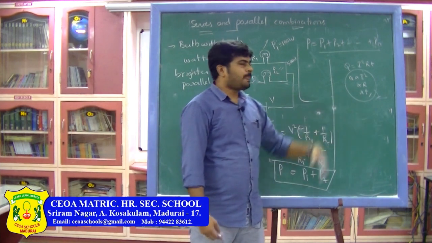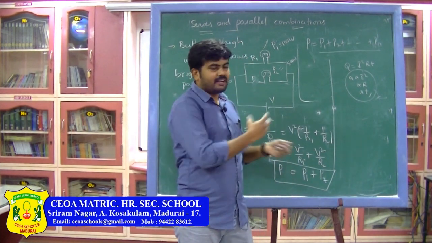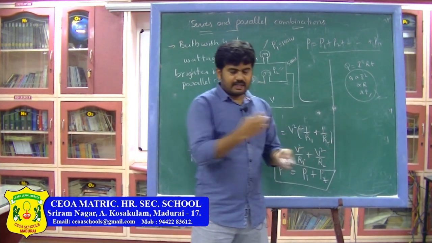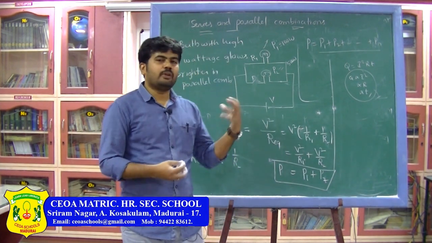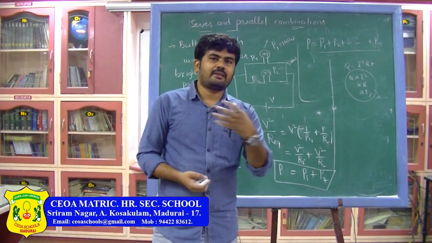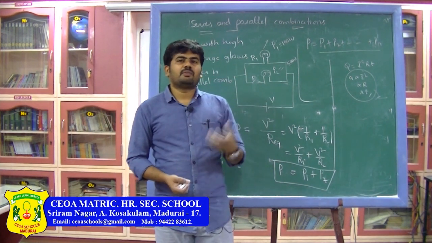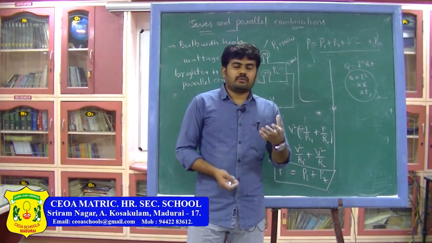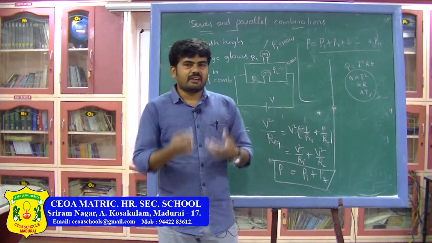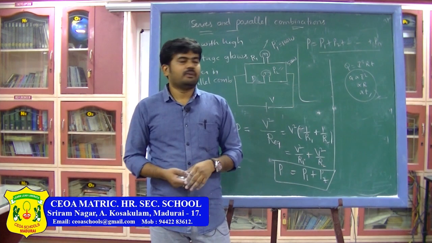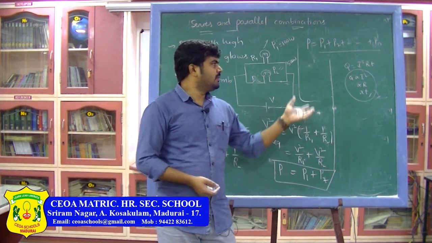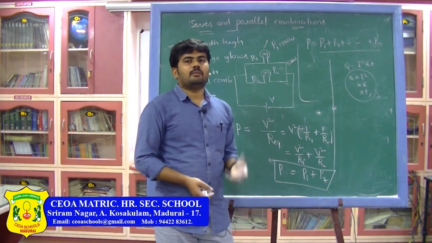Next, I explained how the energy loss happens when electric current flows through a conductor. Collisions take place between electrons and atoms, so the atoms gain energy and start vibrating vigorously. This opposes the flow of electrons and makes the conductor hot.